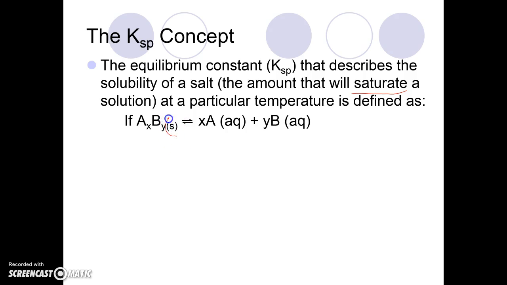We look at a solid ionizing into a cation and an anion, and given this equation of dissolution of an ionic compound, the Ksp will be equal to the concentration in moles per liter of the cation raised to the power of its coefficient, times the concentration of the anion raised to its coefficient as a power.